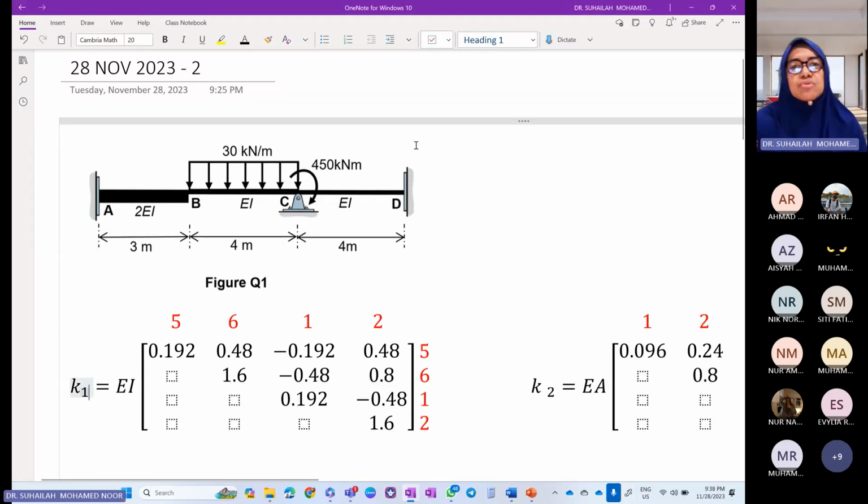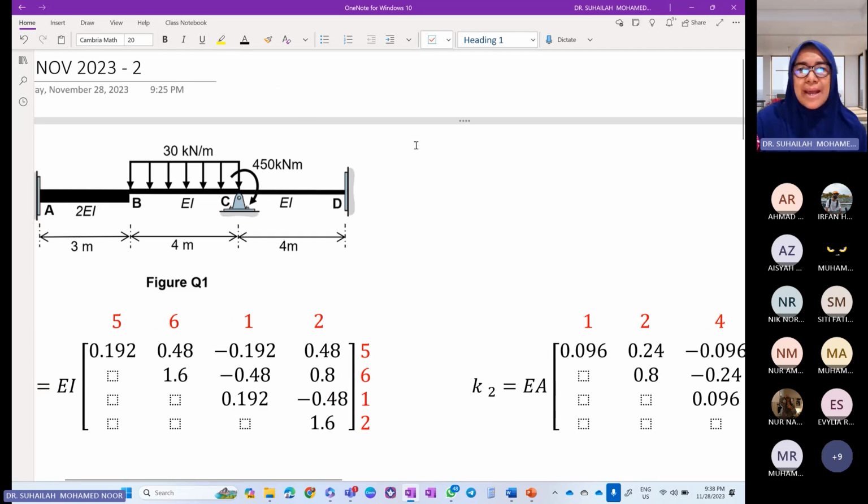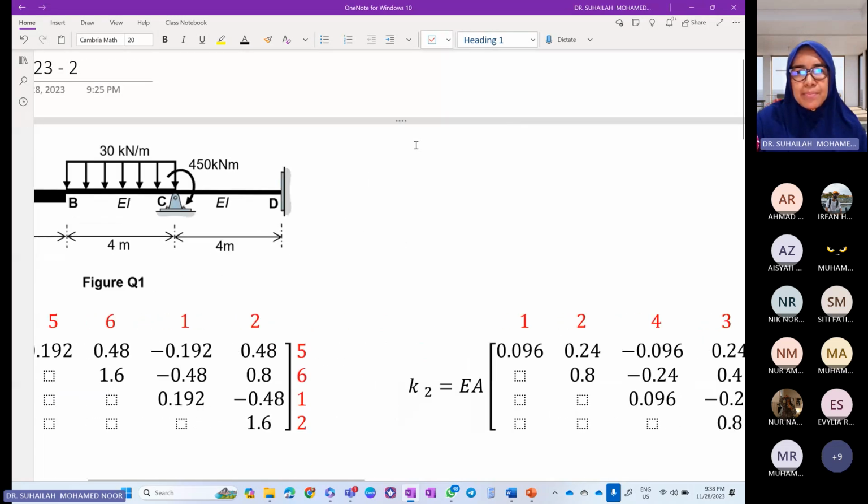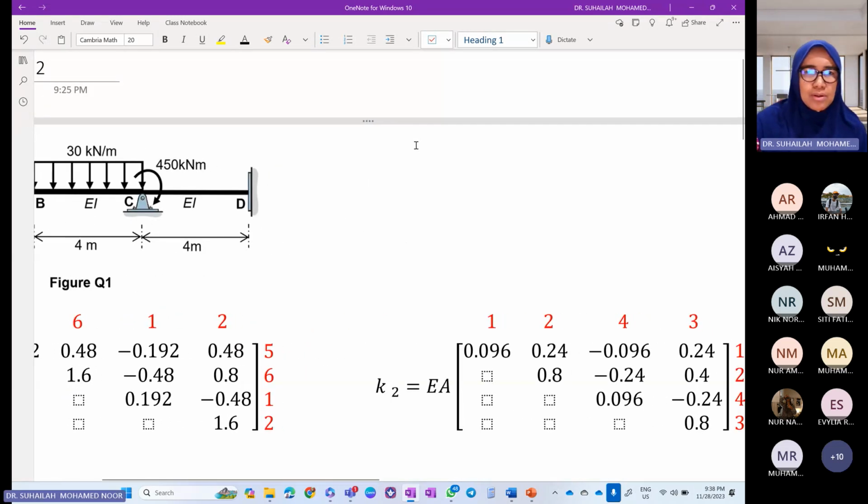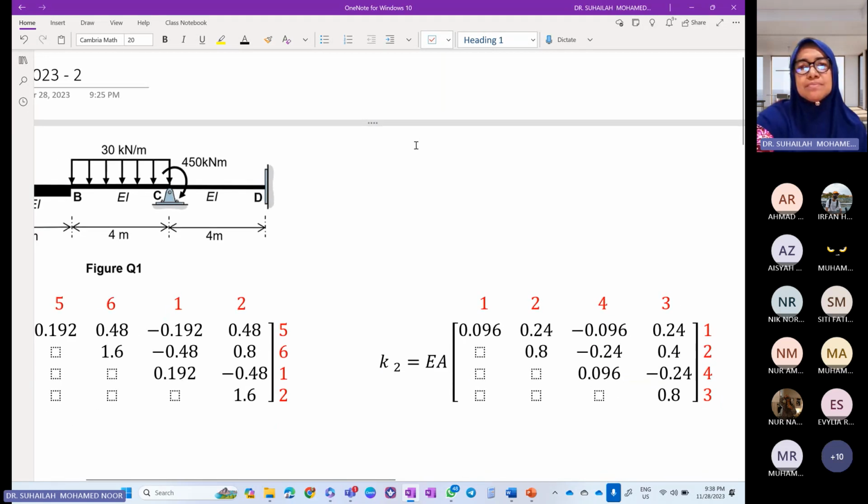Start by drawing the sketch diagram for unconstrained and constrained degrees of freedom.